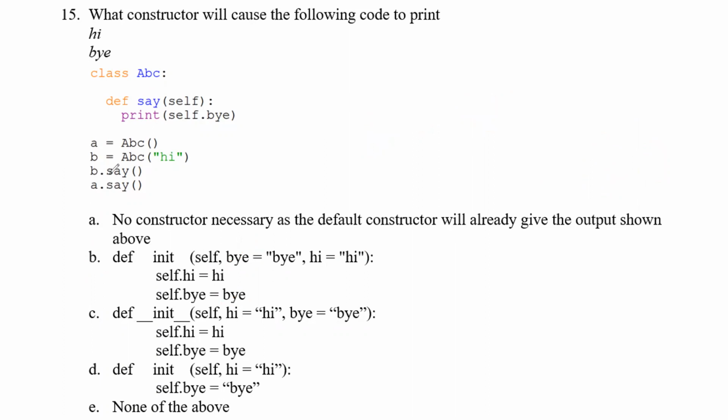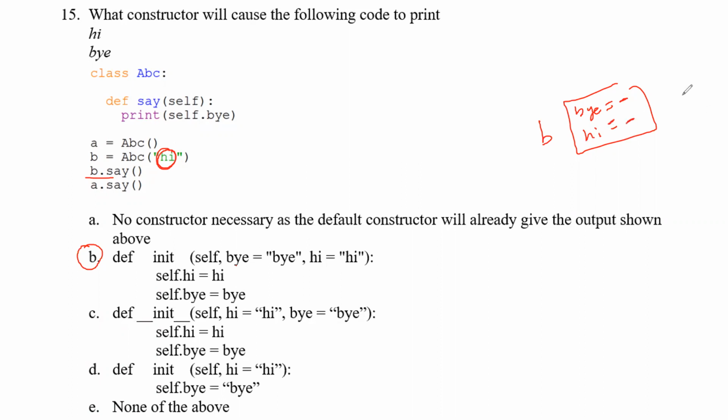Let's now go to this here. When I say B.say hi, I sent hi. So I have a variable called B, which is the object, and depending on the first constructor, I have two variables, one called by and the other called hi. The hi that I'm going to send is going to replace which variable?